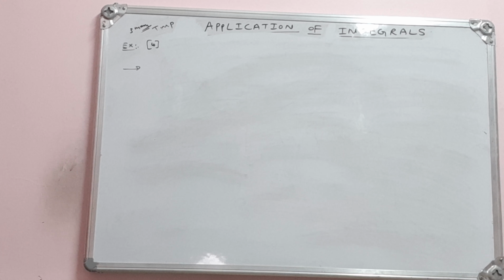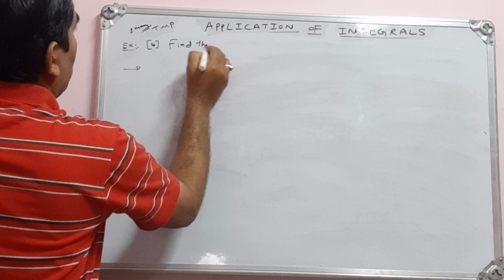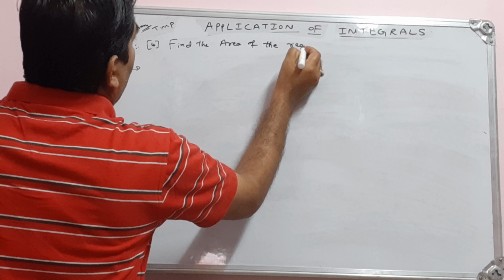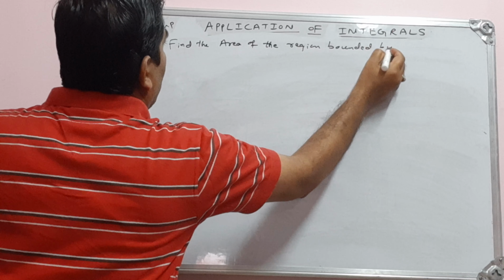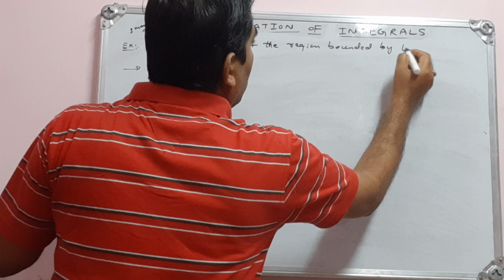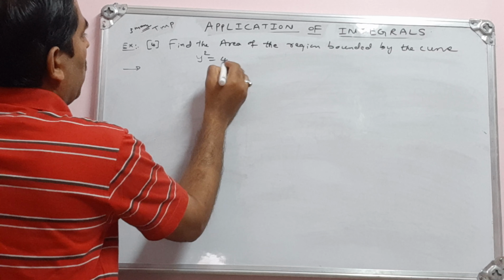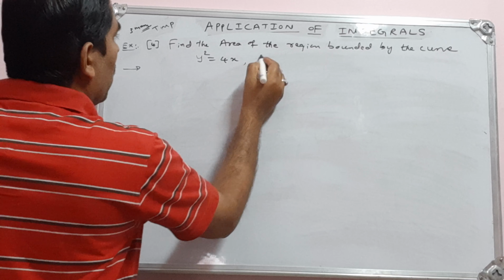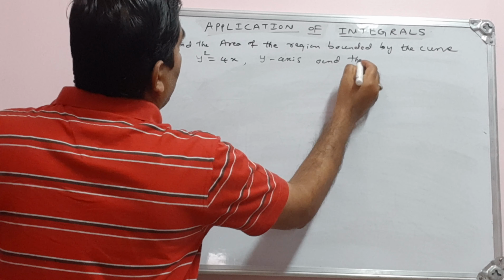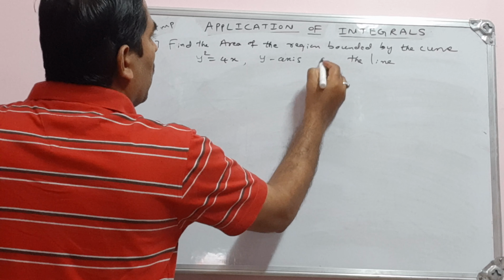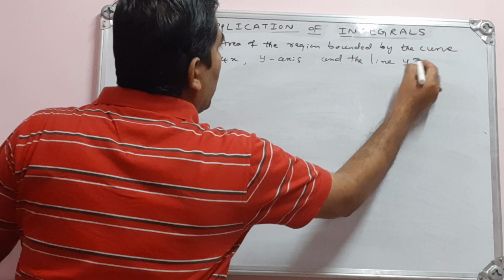So for the fourth example, find the area of the region bounded by the curve y square is equal to 4x, y-axis, and the line y is equal to 3.